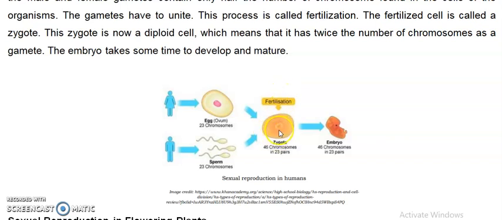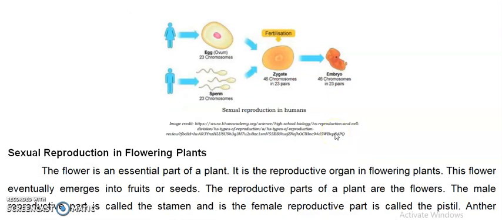We have the fertilized egg, the zygote, after fertilization. Then we have the embryo, which takes some time to develop and mature.